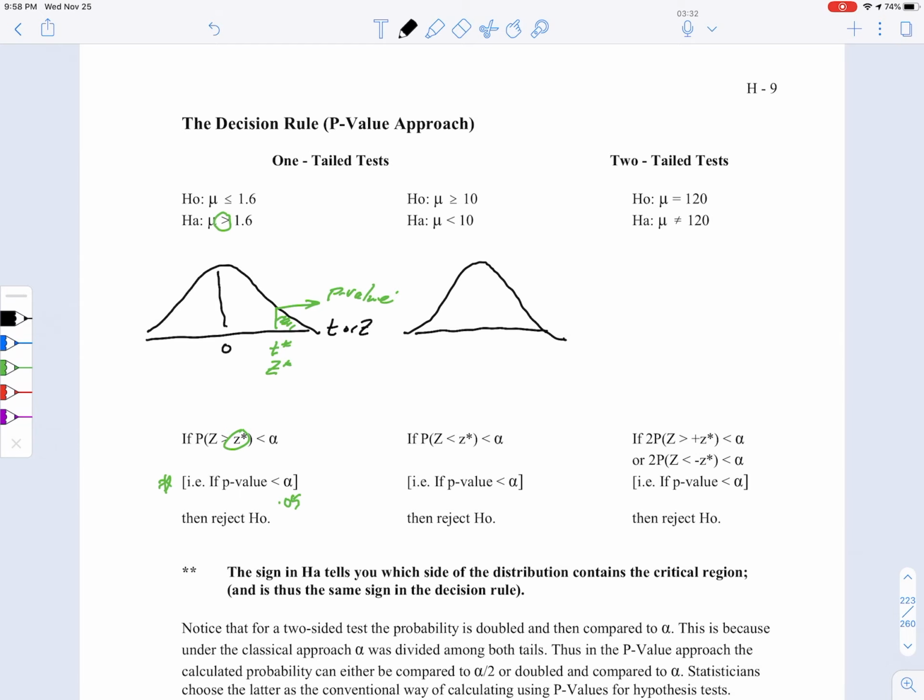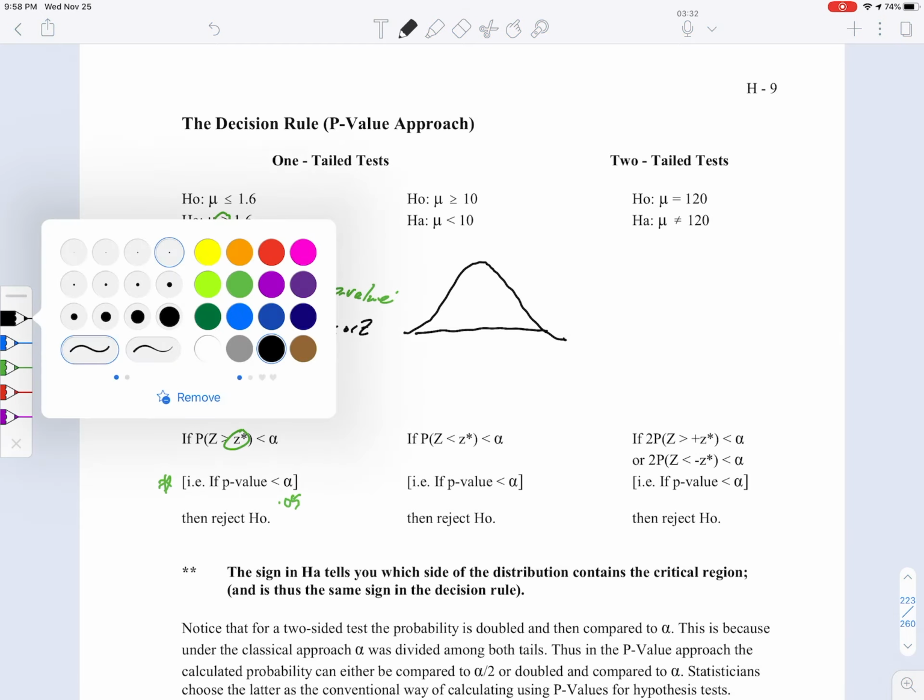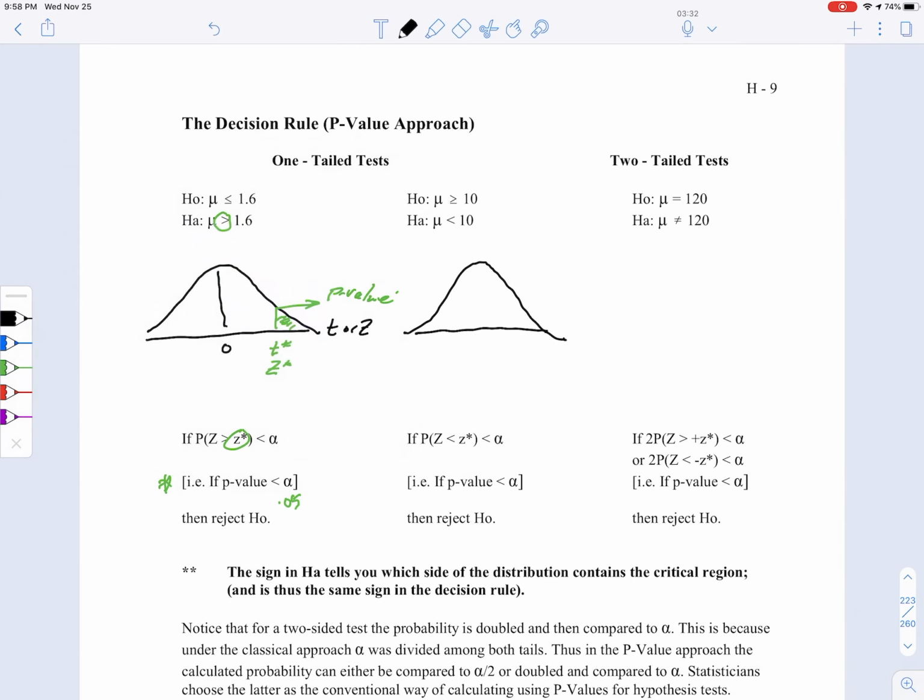When we are dealing with this kind of problem here, then what you end up with is a t star, and we would calculate the p-value this way because that's what this is showing us.